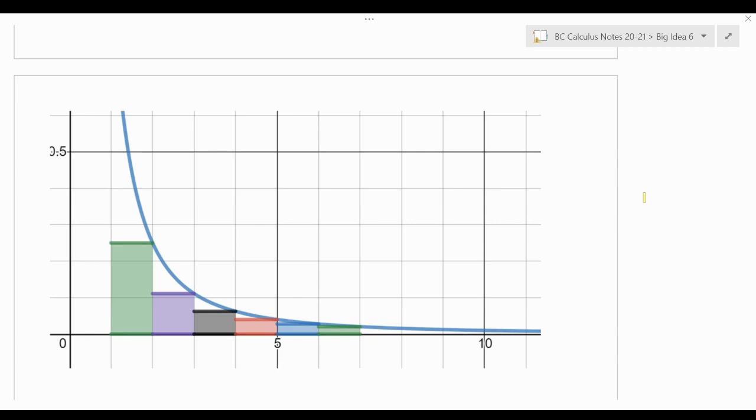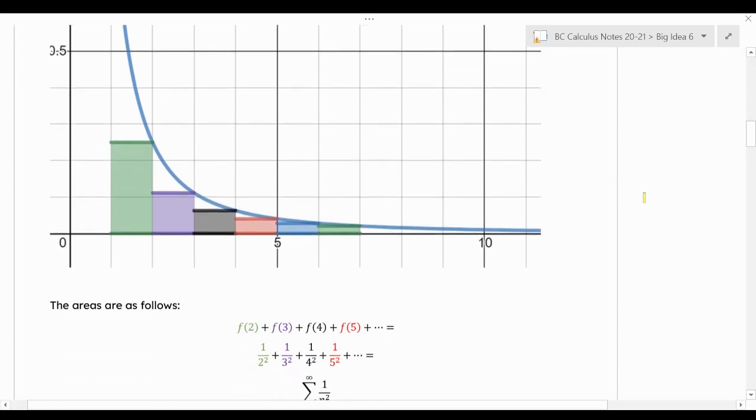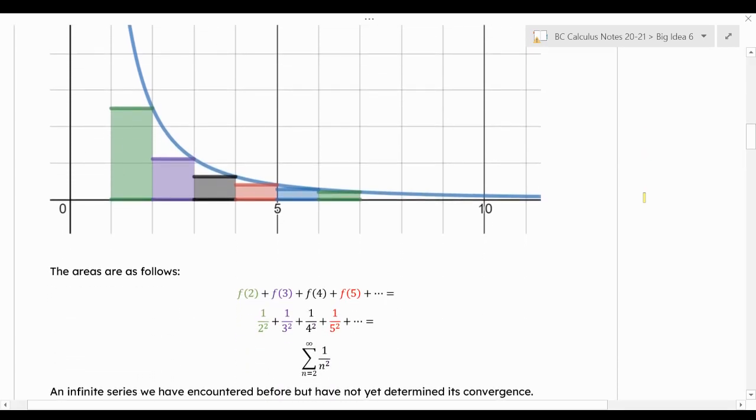So the areas of all of those rectangles: the green rectangle on the subinterval from 1 to 2 is going to have a height of f of 2. The purple rectangle is going to have a height of f of 3, and then a height of f of 4, et cetera. So you end up with a sum. See the connection?